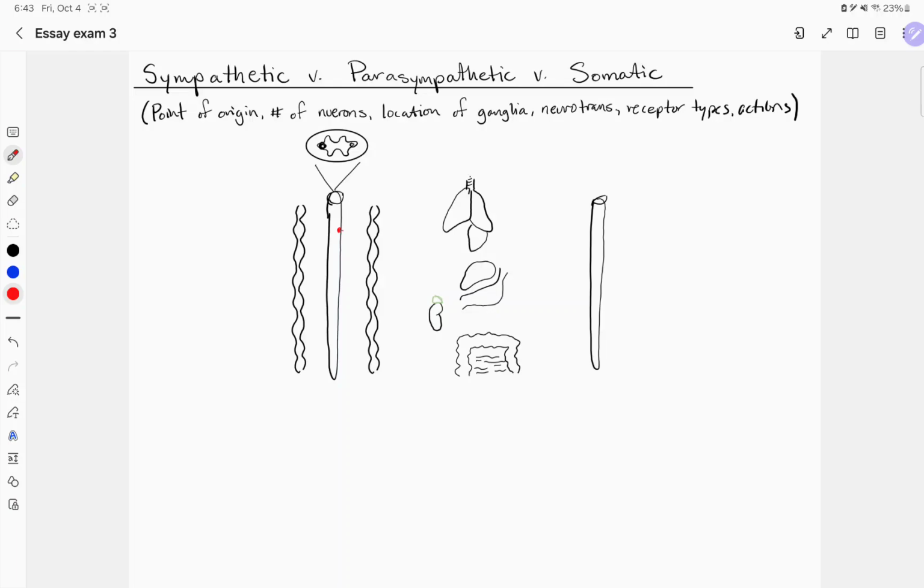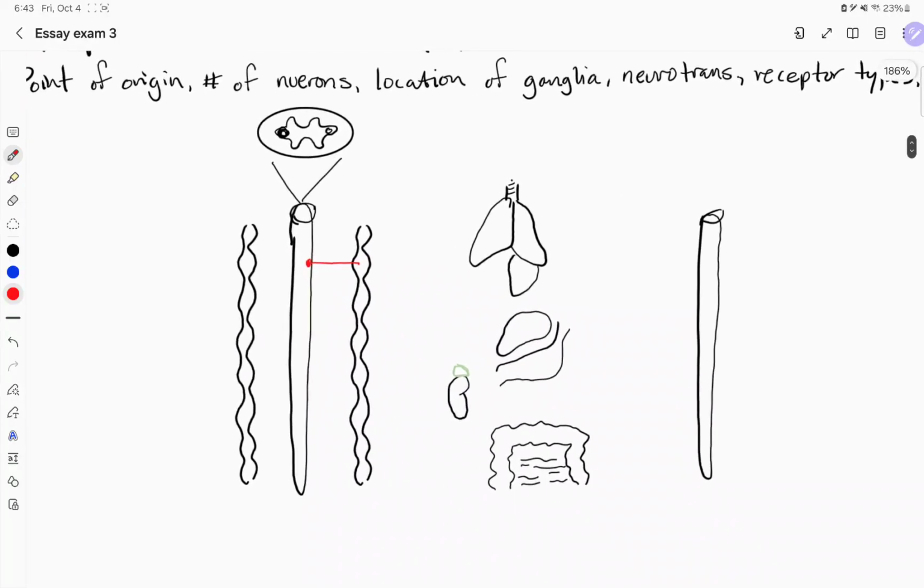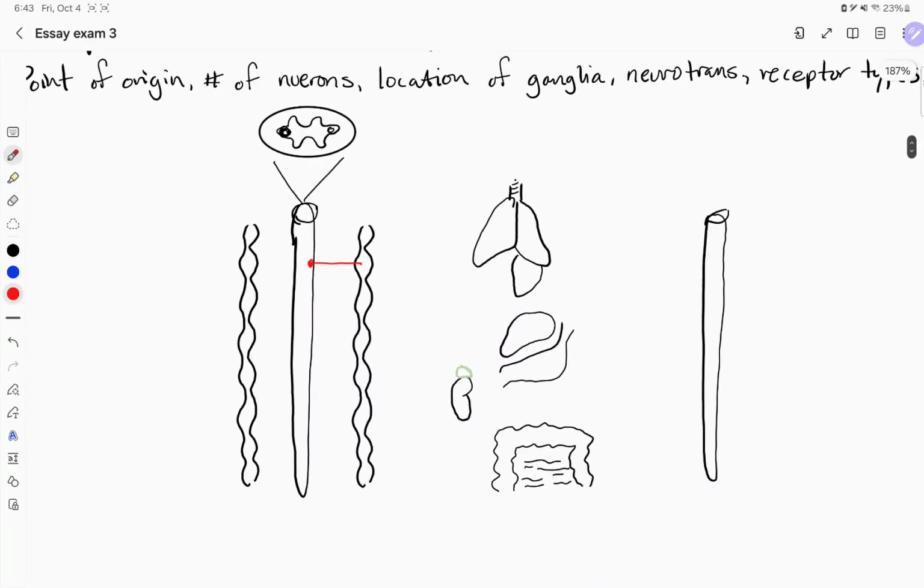And I'm going to draw my axon here, and it's going to be coming to the sympathetic chain ganglion. Let me zoom in just a little bit. And this will be a synapse site. And I'll just draw another one on this side. Axon coming here, synapse.